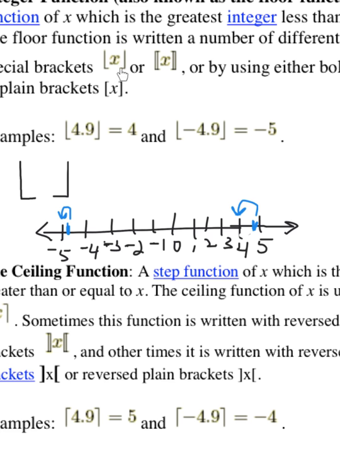It's easiest to read because the bottom of the bracket is the part that's extended, so it's easy to remember that it's a floor function because it's the bottom that's indented. This is not the same as absolute value. Please don't get that confused. This is a floor function. That means I'm going to go down to the next lowest integer.